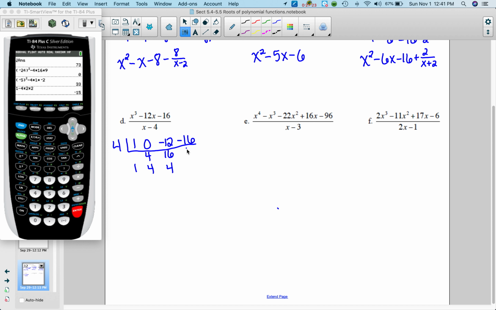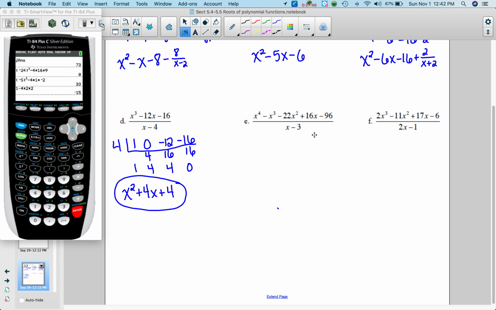I multiply, I get 16. Oh, notice I get a 0. That's going to be important for where we're headed with this, because we want to get a 0, because then we would know x minus 4 was a factor. But right now, again, we're just practicing the division part. So I would have an x squared plus 4x, because it descends by power, plus then this 4 would be a constant, and that would be my answer.